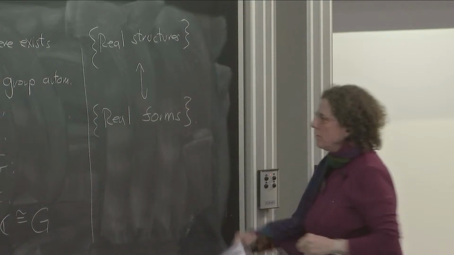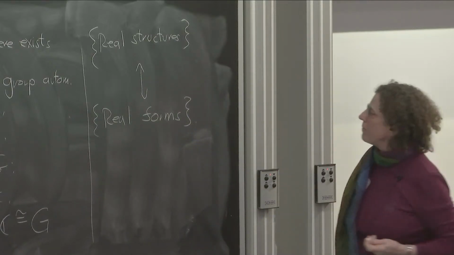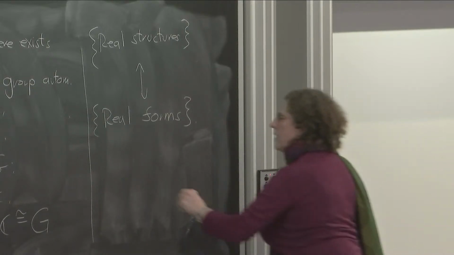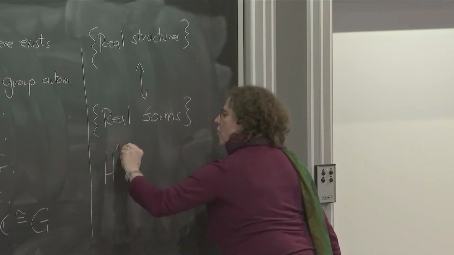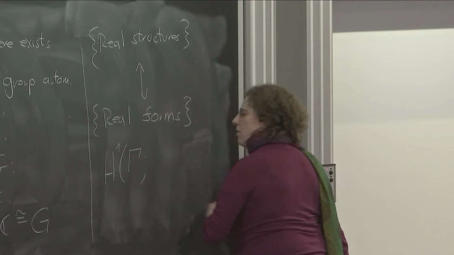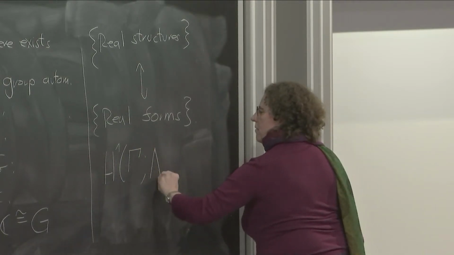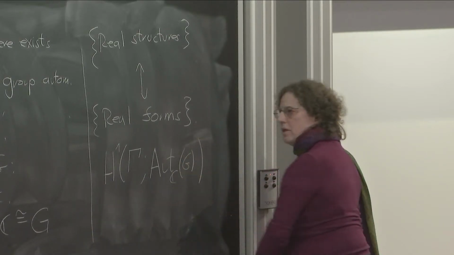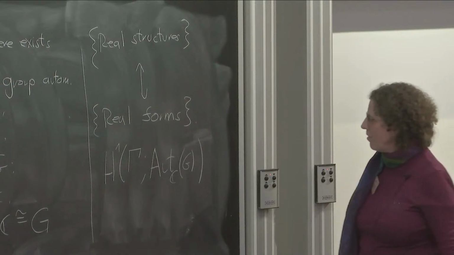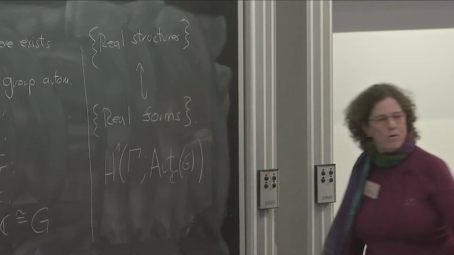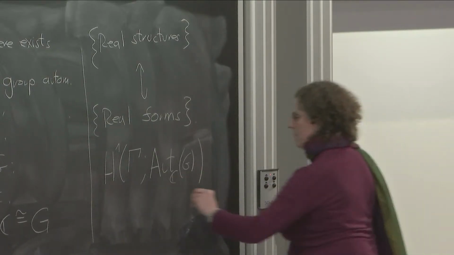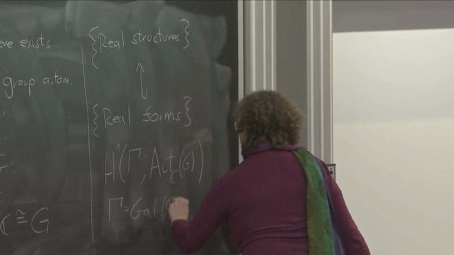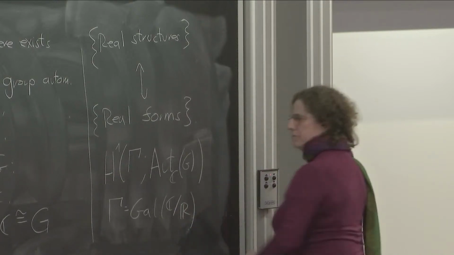And I can calculate up to equivalence all the real forms by looking at a first cohomology of gamma with these automorphisms of C on G, just as we did before, only these groups are group homomorphisms, and gamma is, as before, Galois C over R. Okay.